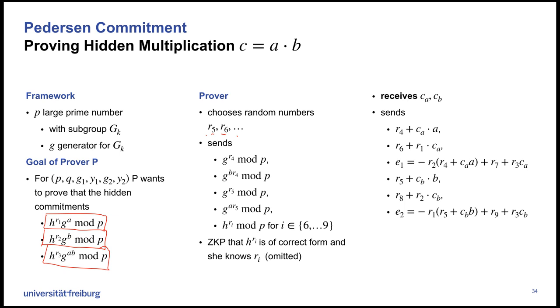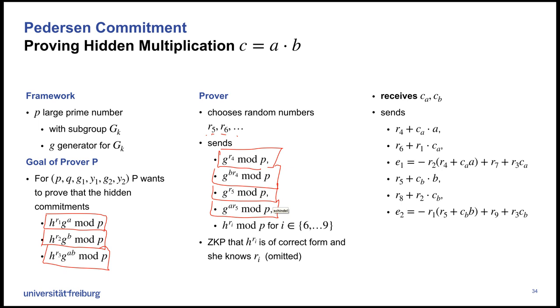And I do the same thing as before. I publish g to the R4, g to the b times R4, g to the R5, and g to the a times R5, and so on. I think I could make this easier with g and g to the b.